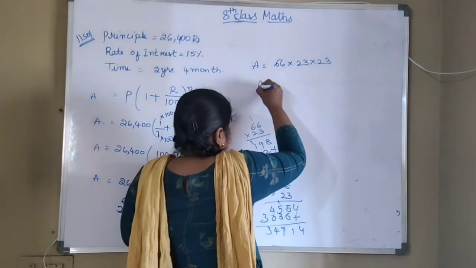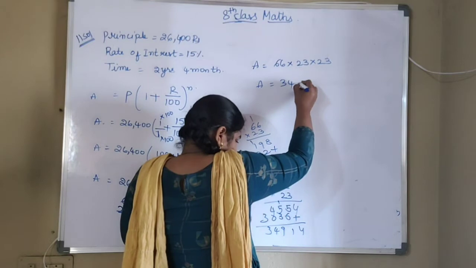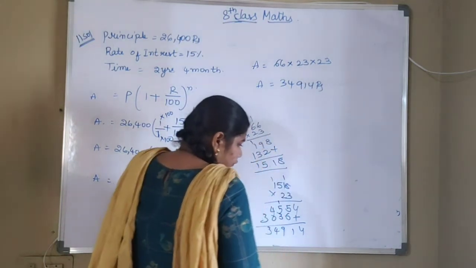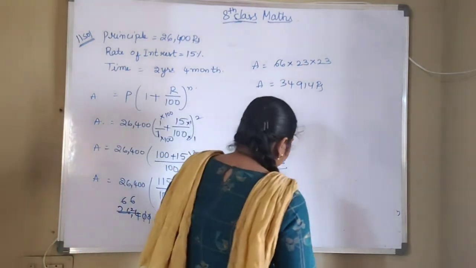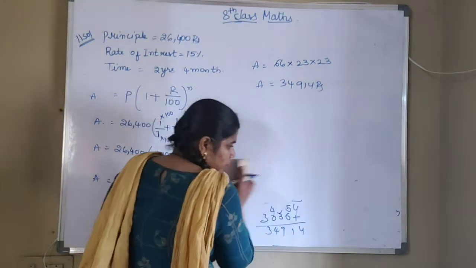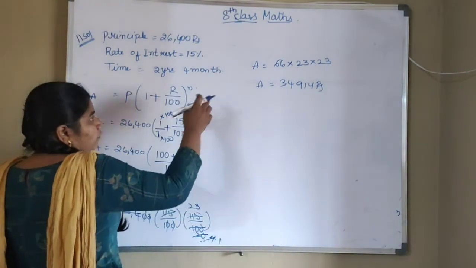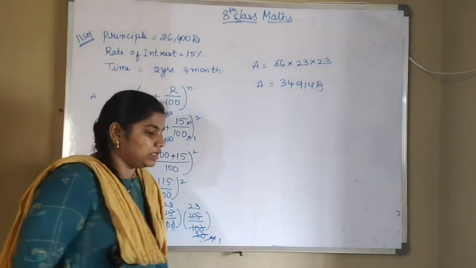So you got the amount as 34,914 rupees. This is for 2 years. Now we have to find for 4 months.